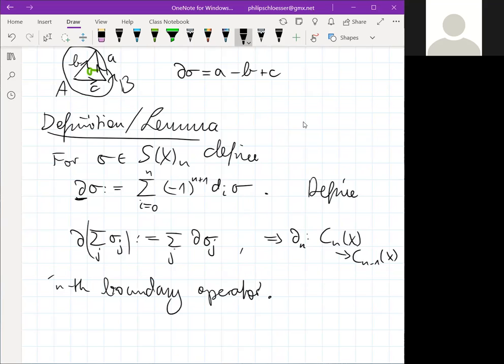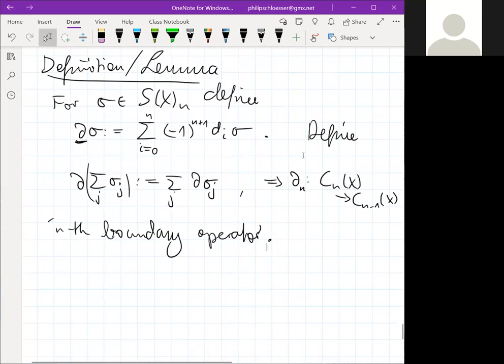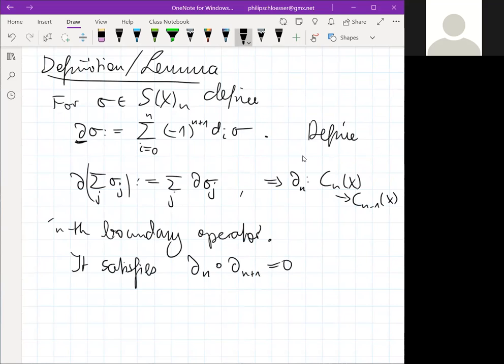The reason I've also written lemma here is that we make a statement about this operator, namely it satisfies the notion of boundaries not having boundaries themselves: partial n after partial n plus 1 is equal to 0.